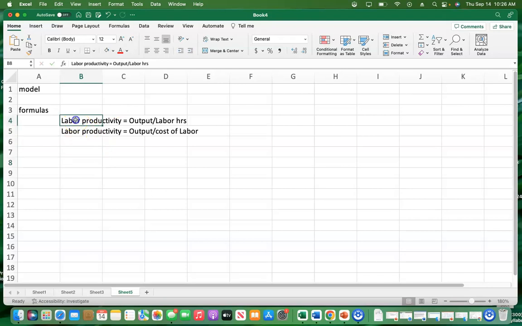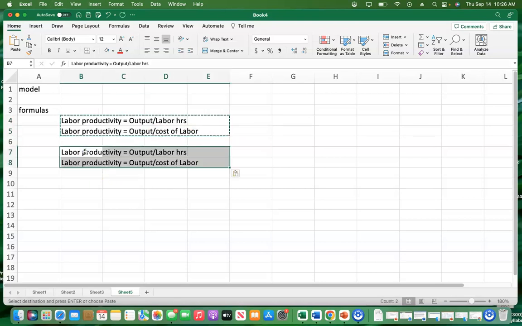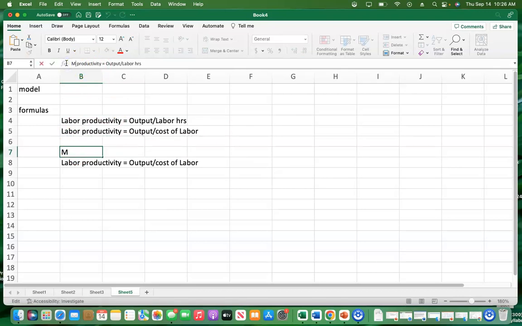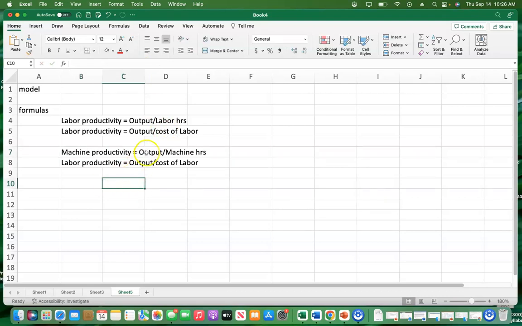And then we have machines. We are asked to find the productivity of machine, and we can copy the formulas. So here we can have machine productivity. In this case, we can look at the machine hours, meaning that we will take output divided by the machine hours.